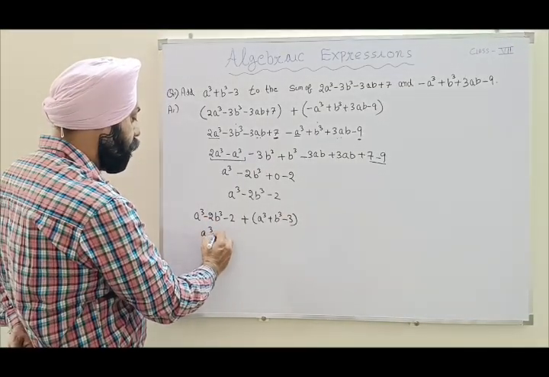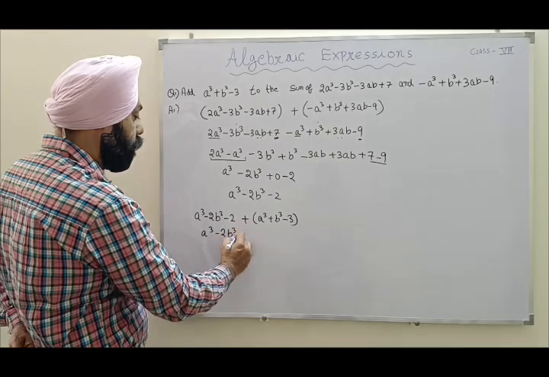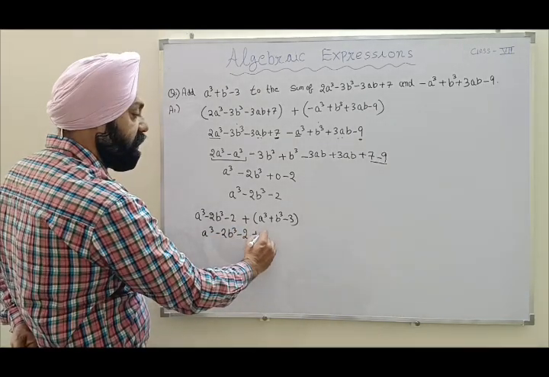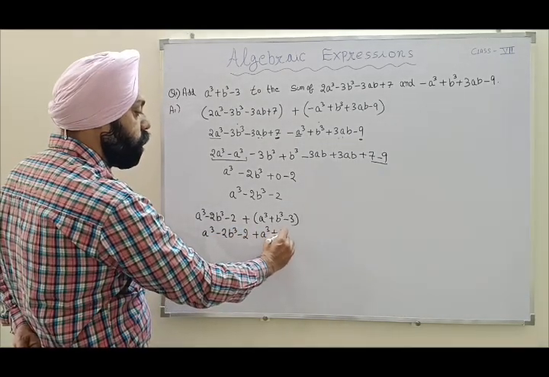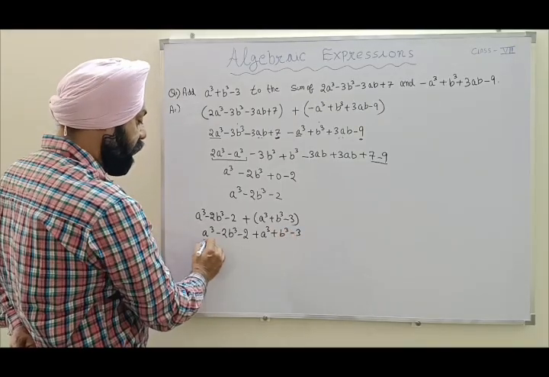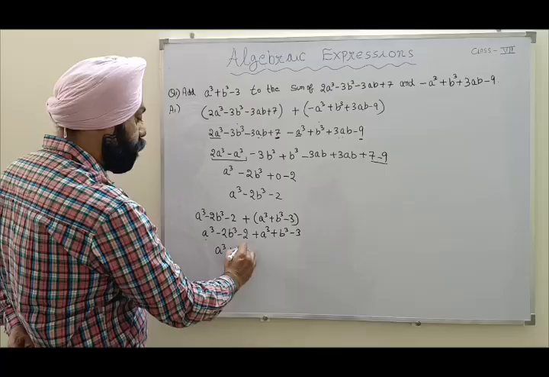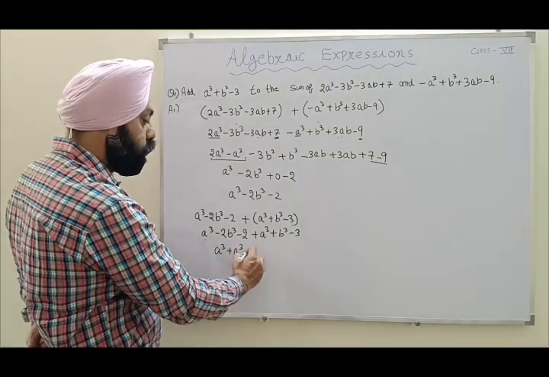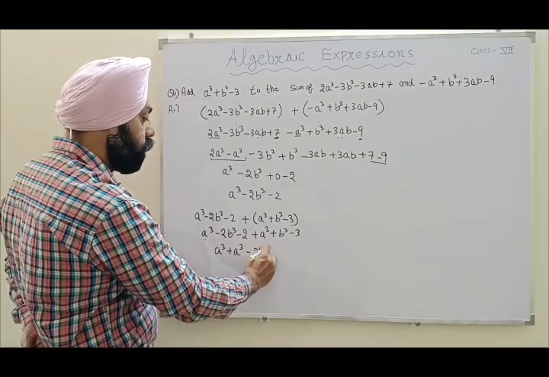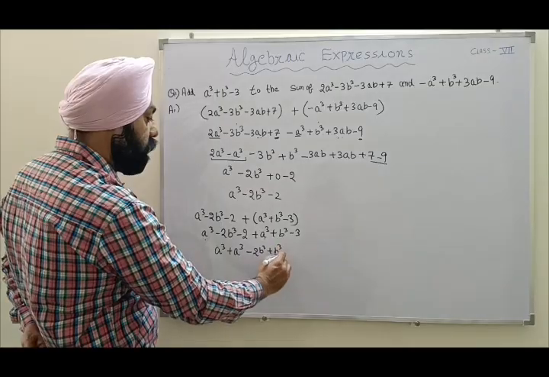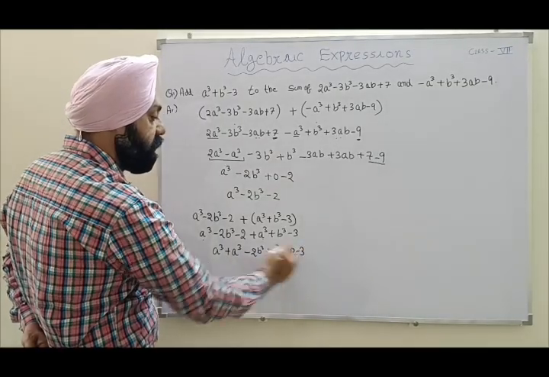So it is a cube minus 2b cube minus 2 plus a cube plus b cube minus 3. The like terms are a cube and a cube. Then we have minus 2b cube plus b cube, minus 2 and minus 3.